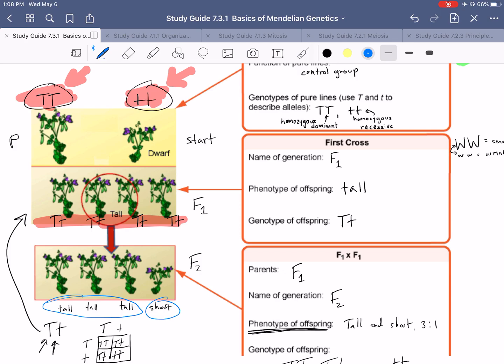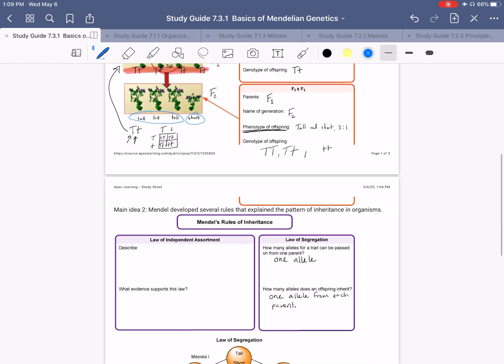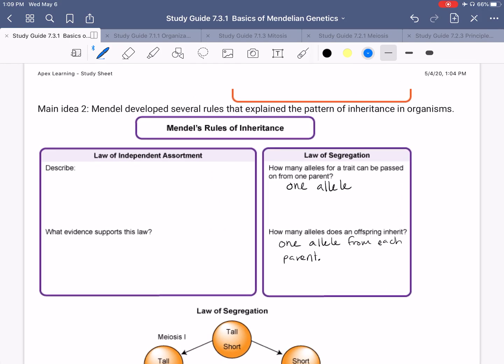Combine each egg with a sperm to observe the different possibilities for the offspring. All right. So you can drag them over from left to right to combine each of them. These are the different offspring that can be produced. According to the rules of probability, there is an equal chance of any of these events happening.